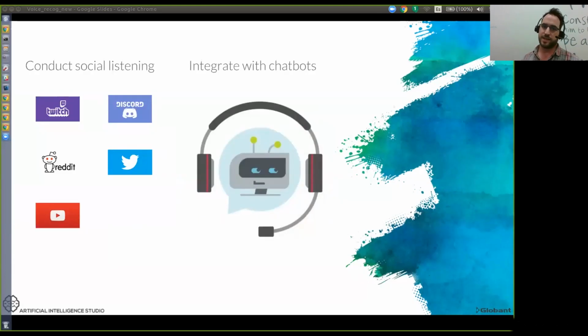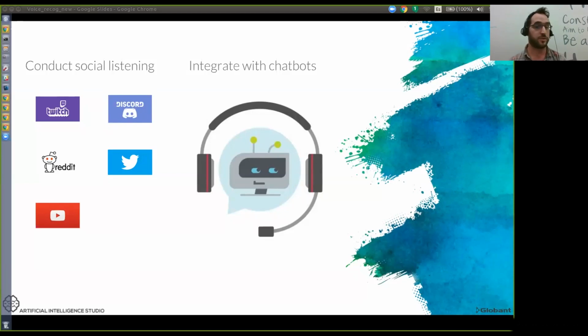Conduct social listening, analyze emotion and tones in what people write online, like tweets and reviews, and predict whether they are happy, sad, confident, and more. This is especially useful for products that are discussed on the web. Gaming is one of them.